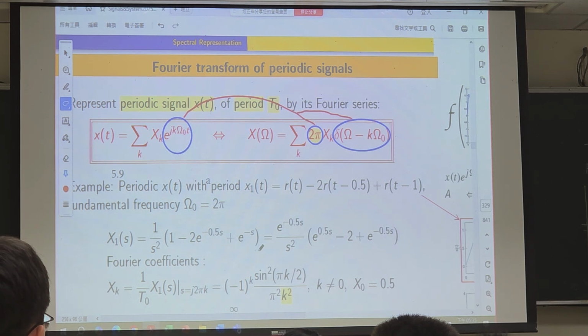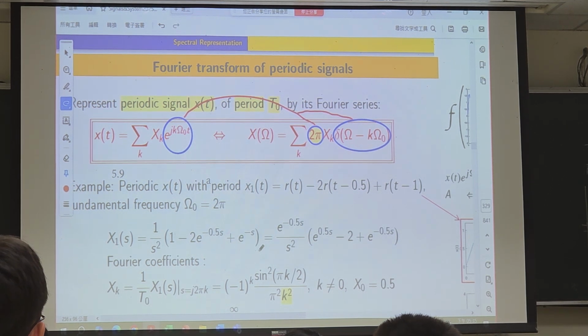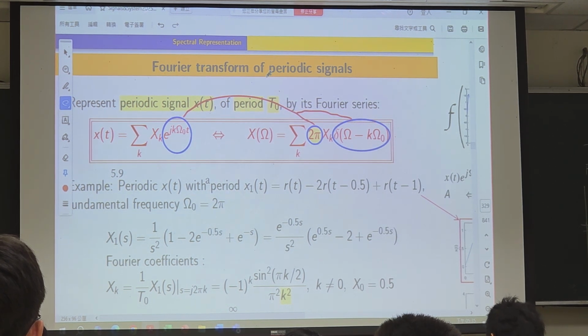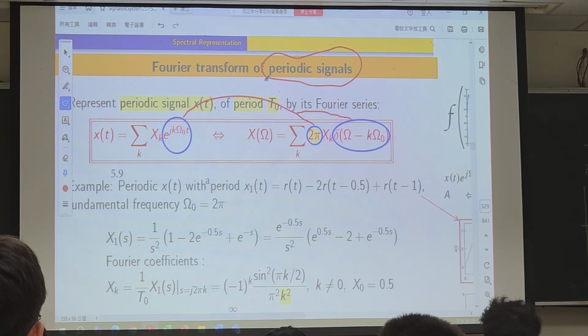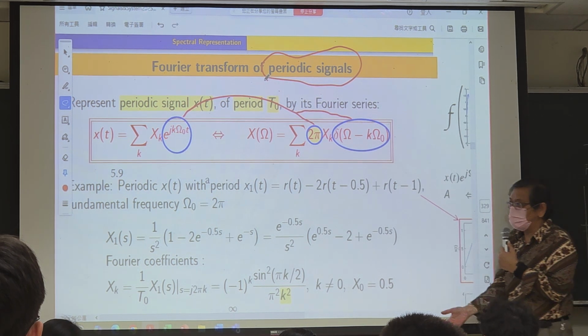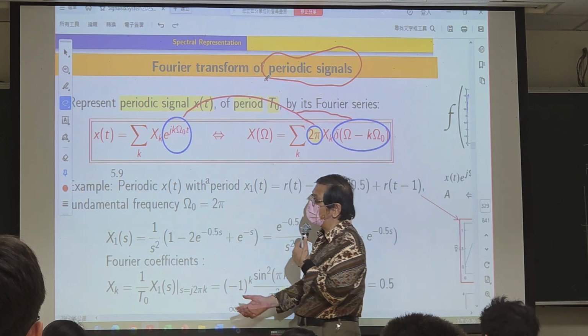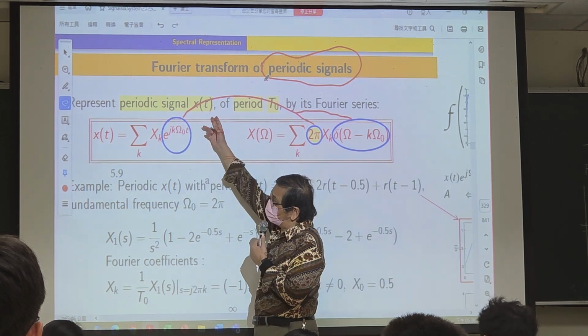Okay, what about if we still want to take the Fourier transform of a periodic signal? In the beginning, we mentioned the Fourier transform is for a periodic or non-periodic signal, right? But what if we still want to apply the technique to a periodic function, x of t?